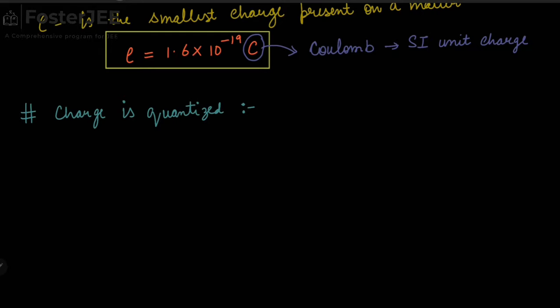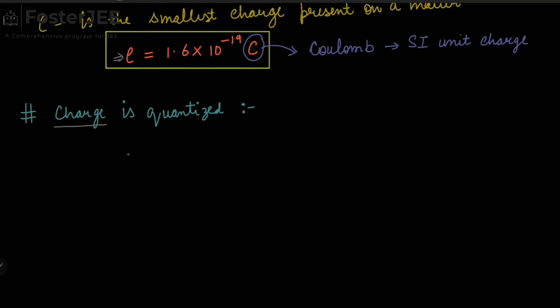Now, in very simple words, we can say if a particular quantity is quantized, that means the total of that quantity will be an integral multiple of the quantum of that quantity. For example, here charge is quantized. This means the total charge on a body will be an integral multiple of the quantum of charge, which is e.